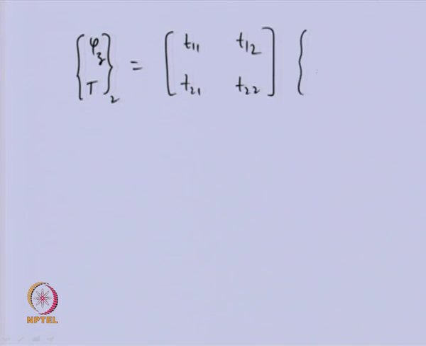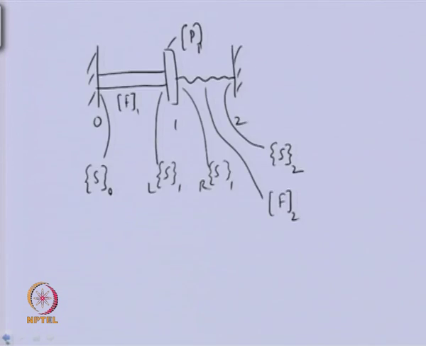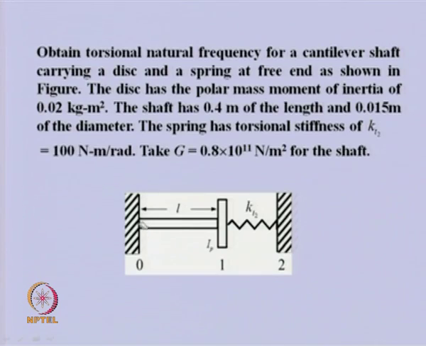For this case, the state vector at station 2 is equal to the matrix T11, T12, T21, T22 times the state vector at station 0. As we can see, both ends are fixed.